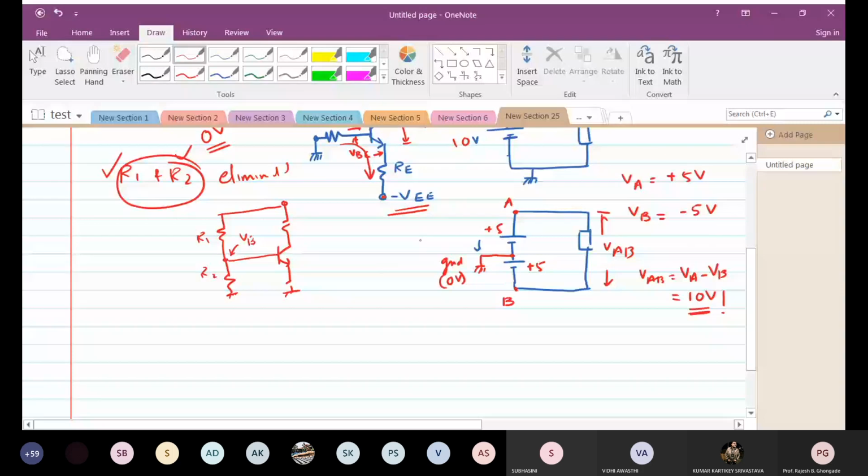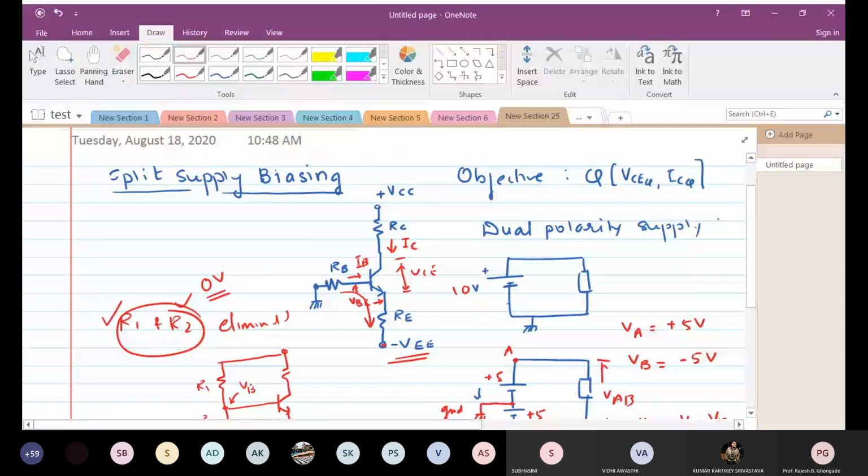I can go for the design, but I don't want to confuse you with this because this is not explicitly mentioned in your syllabus, but will be tremendously required when we go for the next semester course, that is your linear integrated circuits. So this is a very important concept which will be used over there.